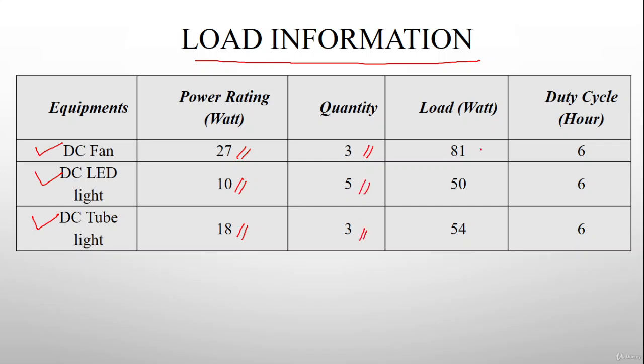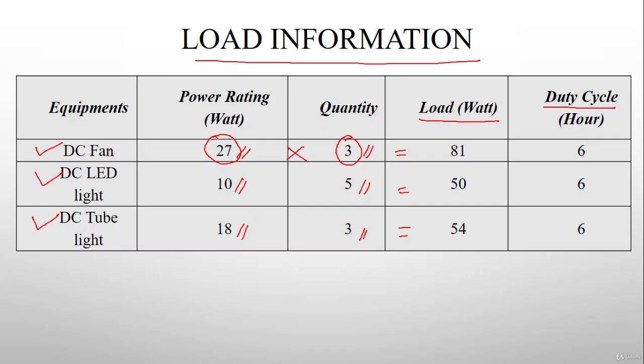In the fourth column, the load parameter has been given: the individual rating of the equipment multiplied by the total number of the equipment. So it is 81, 50 and 54 watts, continuously and simultaneously. The last column is the duty cycle.